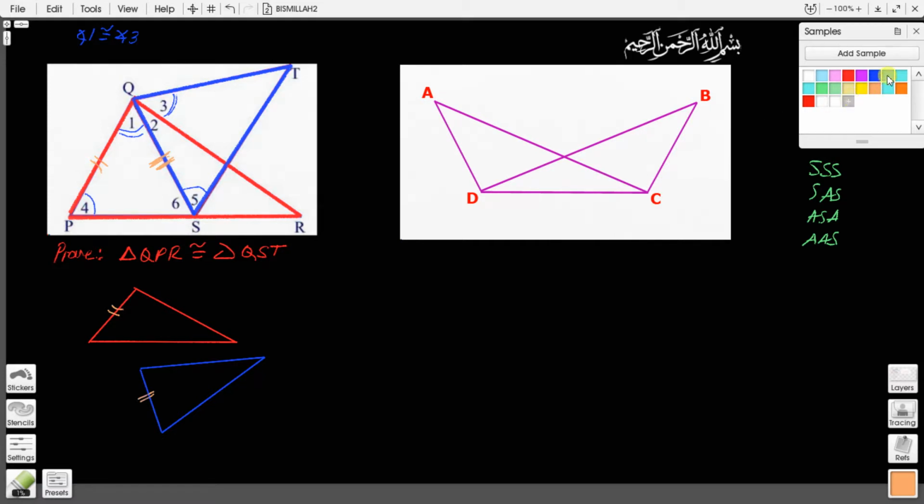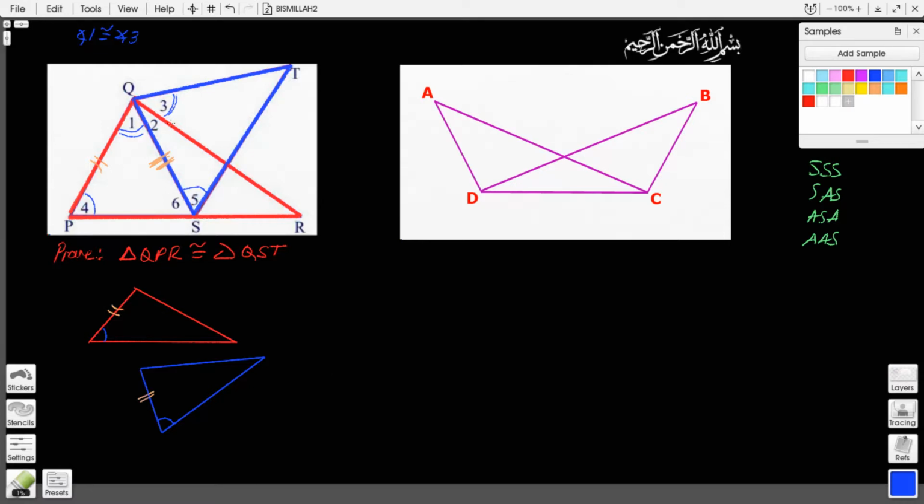And then I'm given angle 4, and angle 4 is congruent to angle 5. Angle 4 is over here, and angle 5 is over here. That's pretty cool.